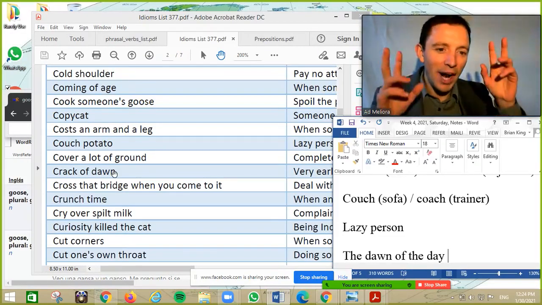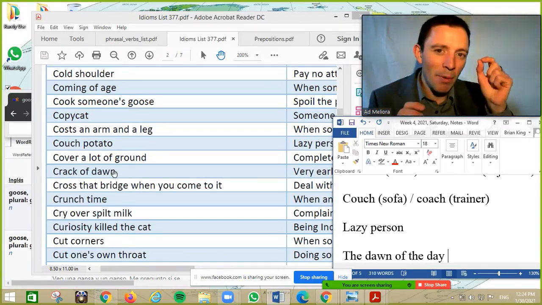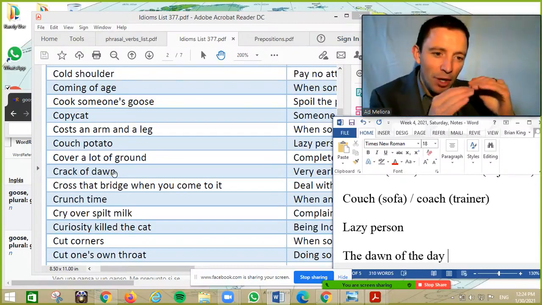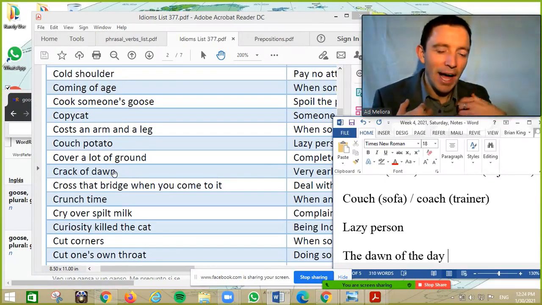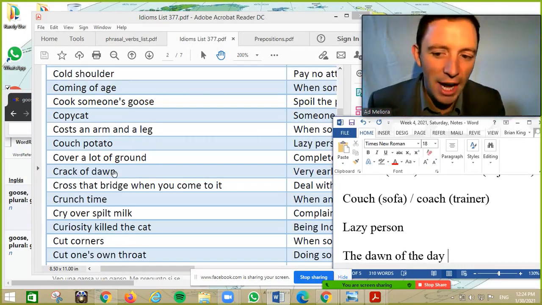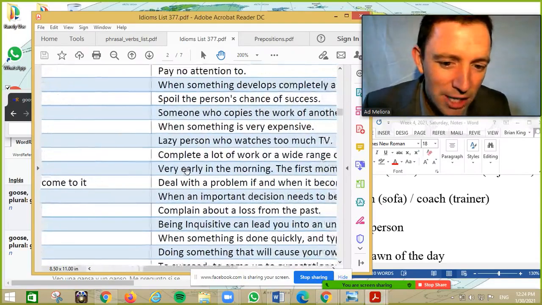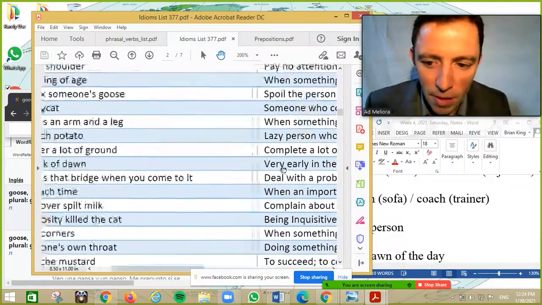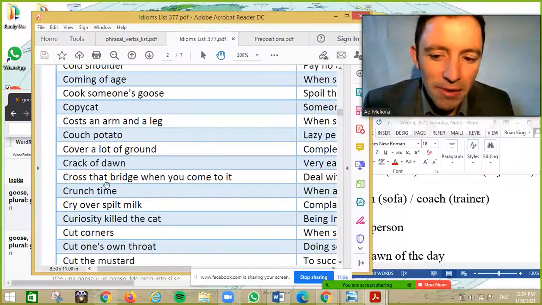Y entonces, the crack of dawn es el momento primero, the first moment del inicio del día. So, levanto a la crack of dawn. I wake up at the first moment, puedo ver el sol. That's the expression, at the crack of dawn. Muy pronto, very early in the morning, the first moment of sunrise. Okay? Very good.